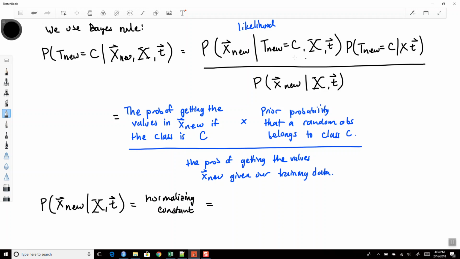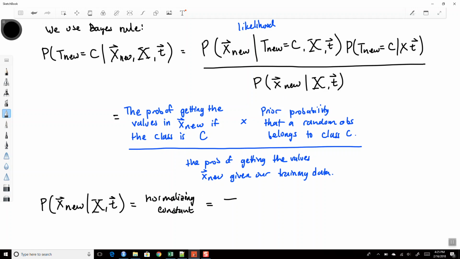Basically, it's just going to be the sum of the numerator, so that when we do this, the whole thing adds up to 1. So if your numerator terms are like 0.01, 0.08, and 0.01, all of those add up to 0.1. And so the normalizing constant on the bottom would be 0.1, so that everything gets adjusted in the numerator to be 0.1, 0.8, and 0.1, so that the whole thing adds up to 1. Okay, so that's all it is.